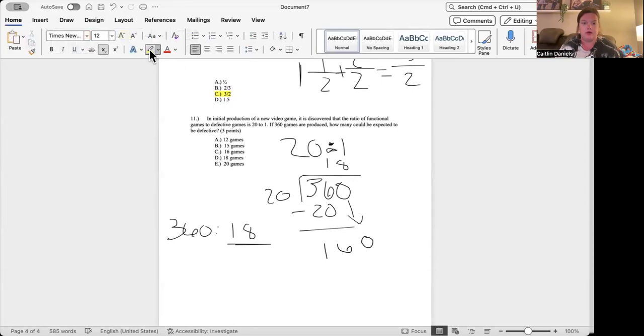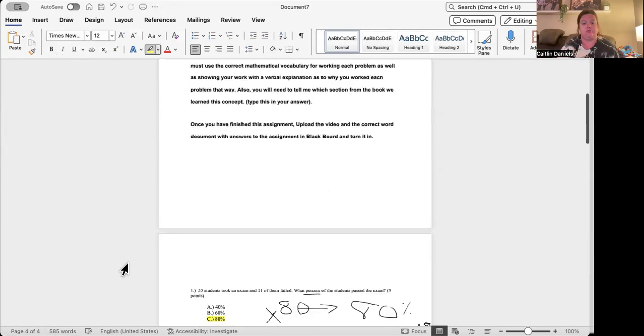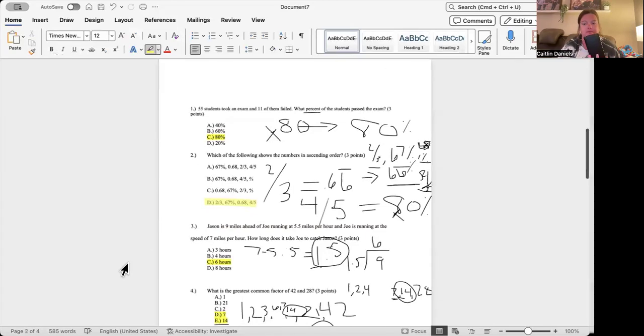Give my highlighter out. And our ratio chapter was... What chapter were you, Mr. Ratio? 7. No, I said 7 was percents. Did I?